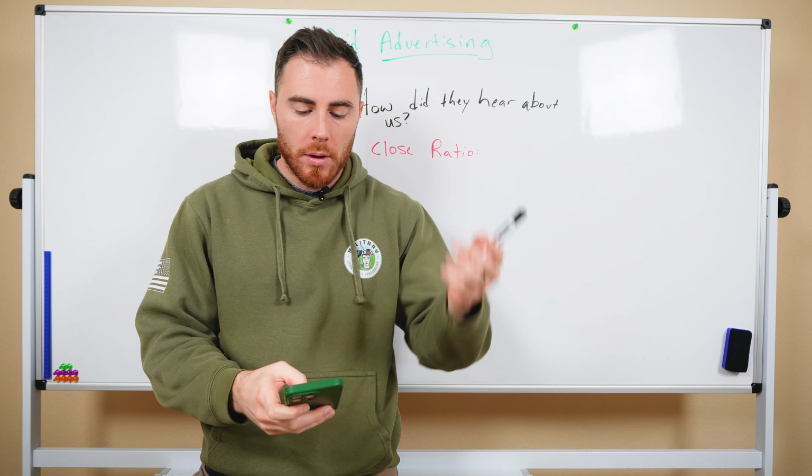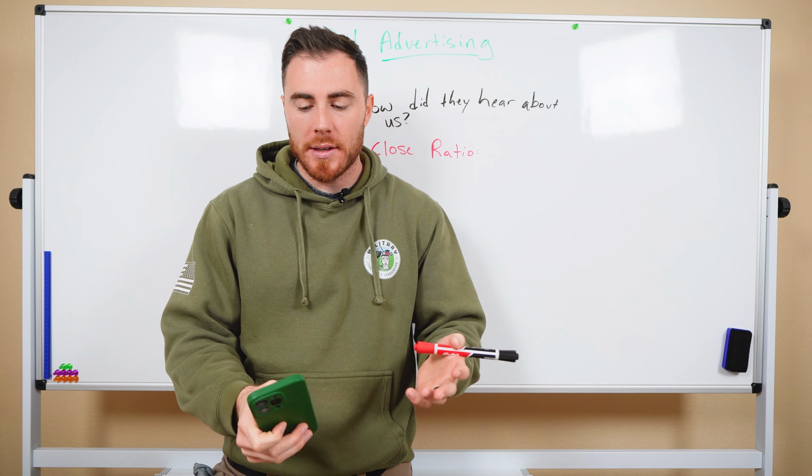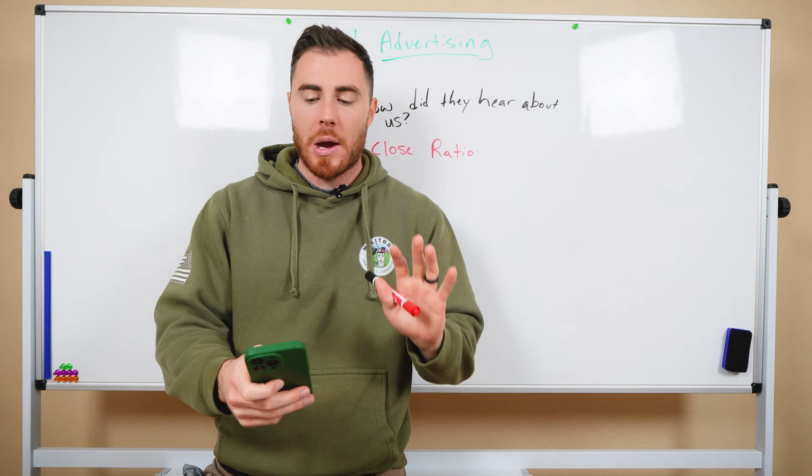If, for example, you sent out 10 estimates this week and 5 booked, that would be 5 divided by 10. You would have a 50% close ratio. So you just take the number accepted divided by sent equals close ratio.